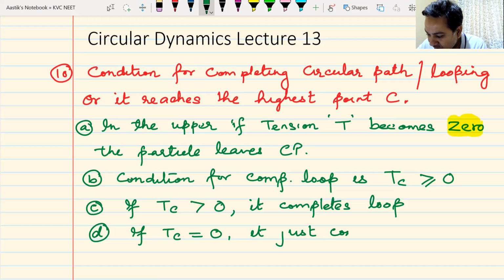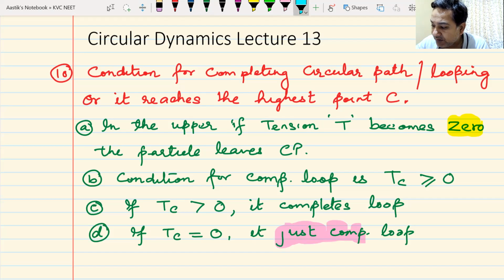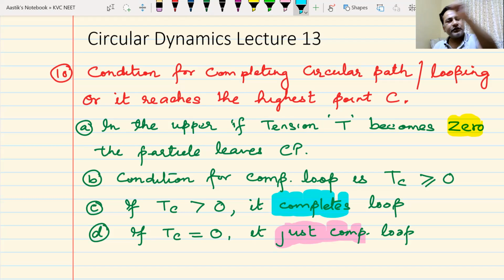Now, when I say just completes the loop, I mean it just reaches the point C. I hope you understand the difference between the two terms. One is it easily completes the loop. If tension at point C, which is the highest point, is greater than 0, it completes the loop very easily. But if tension at point C is exactly equal to 0, we call it the condition of just completing the loop.